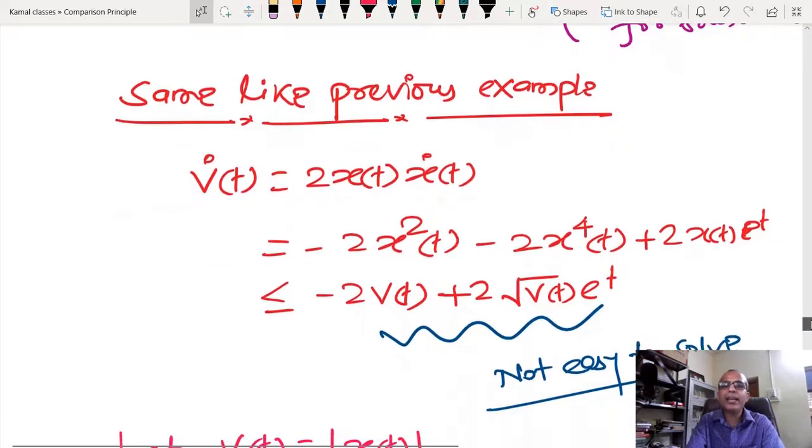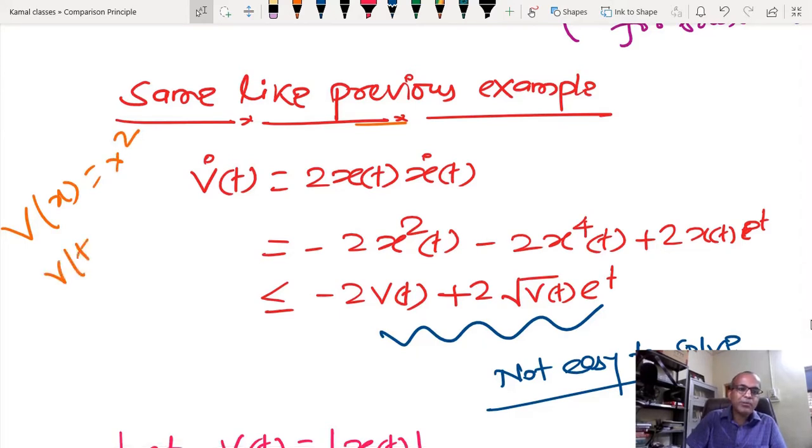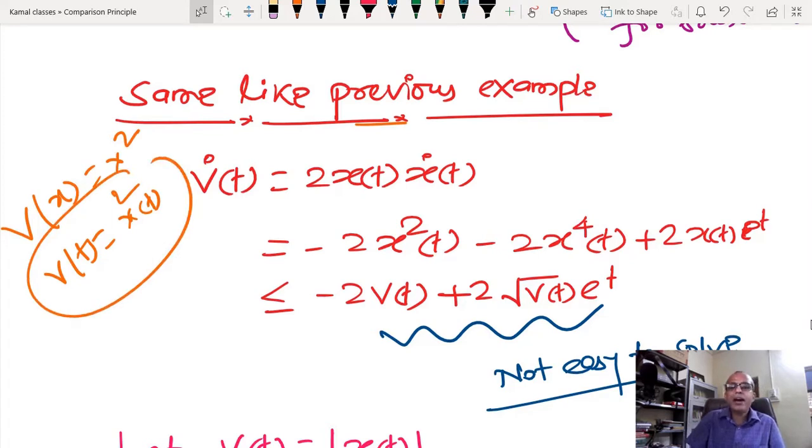Again, suppose as in the previous example I use vx equal to x square, or sometimes people write it like this. Both are exactly the same. After that, if you take v dot, you can see that again I have a complicated equation, 2vt minus 2 root v.